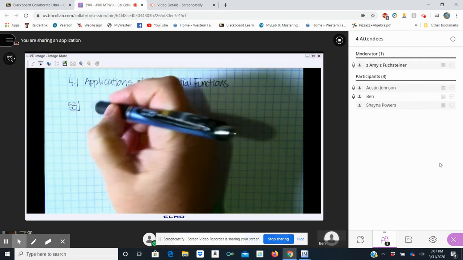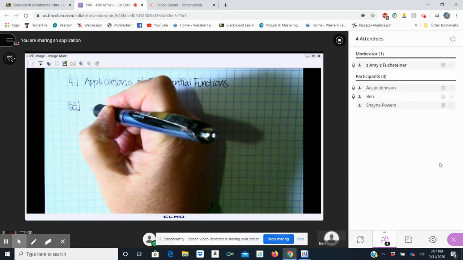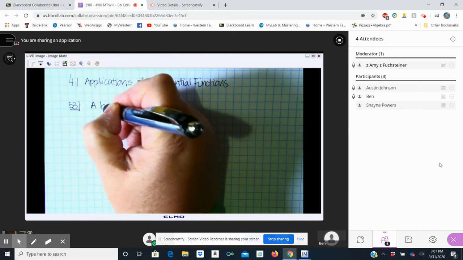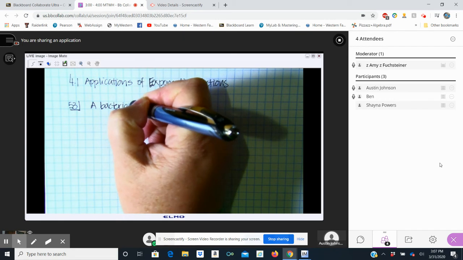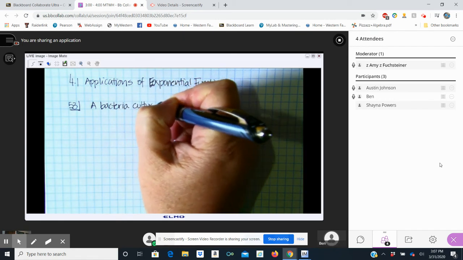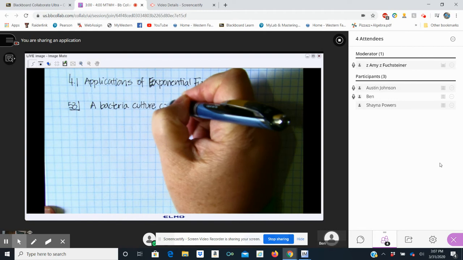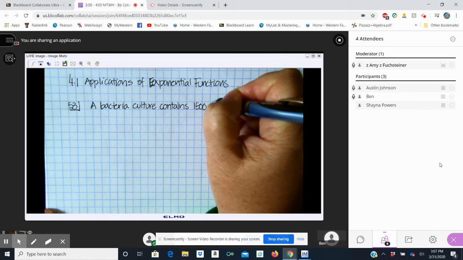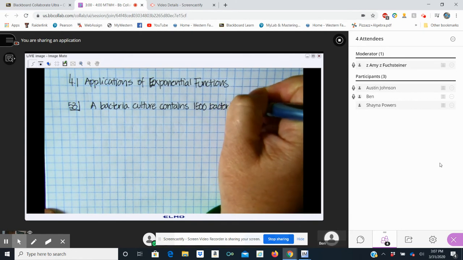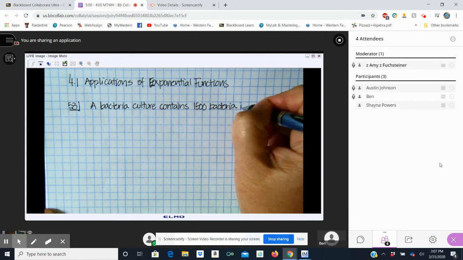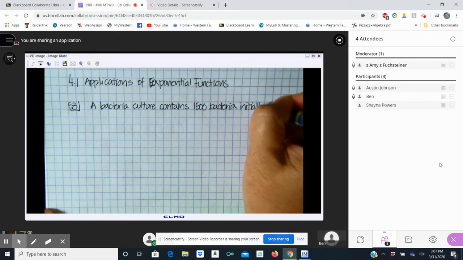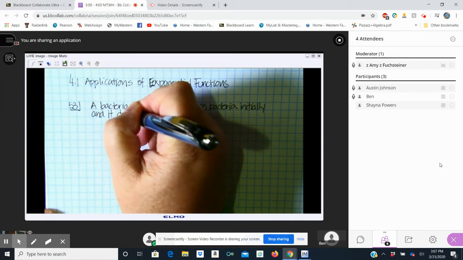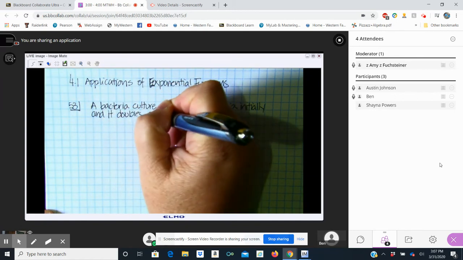The first is similar to problem number 53 in your textbook. It says that a bacteria culture contains 1,500 bacteria in its initial count, so initially, and it doubles every hour.